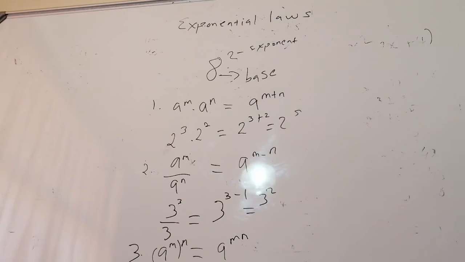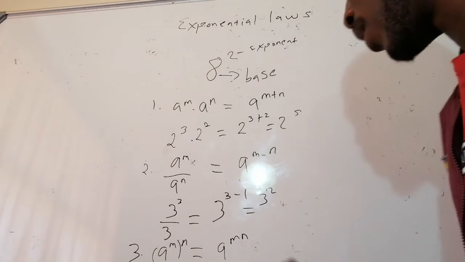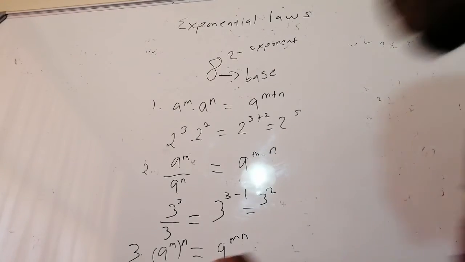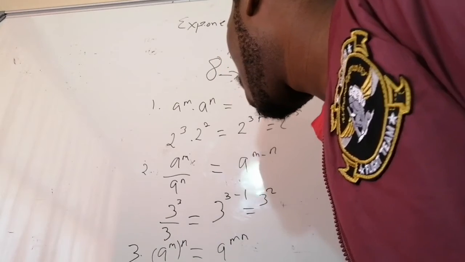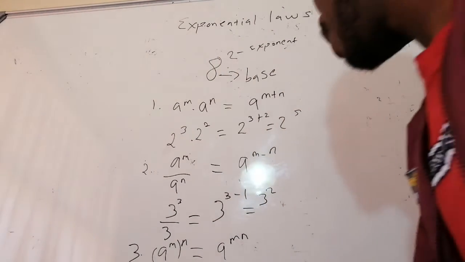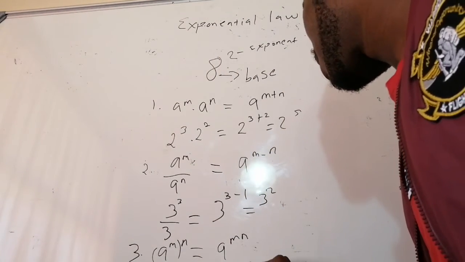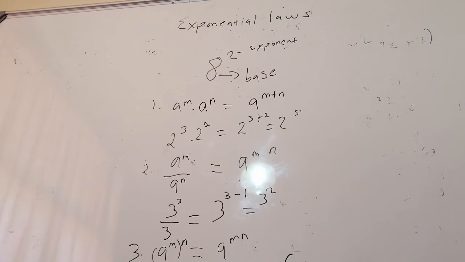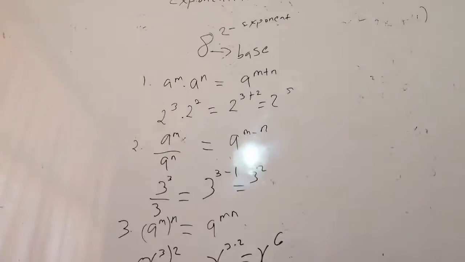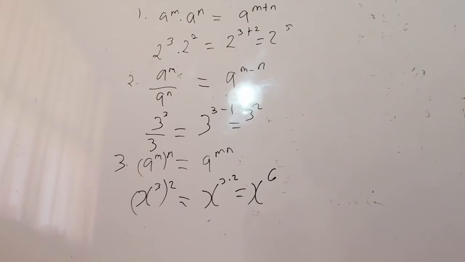For example, if we've got x to the power 3 raised to the power 2, that is the same as x to the power 3 times 2, which is x to the power 6. I hope that is still visible. Sorry for that. Seems that it was not visible.